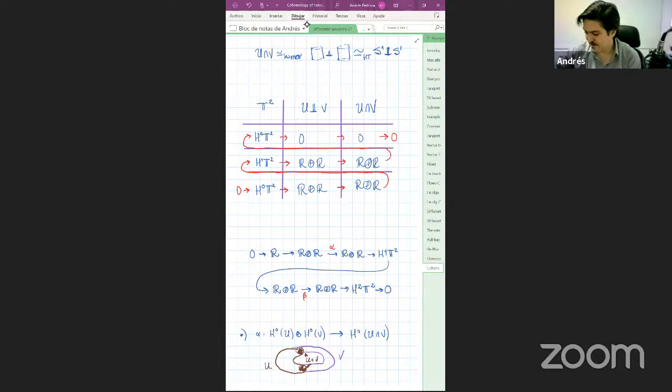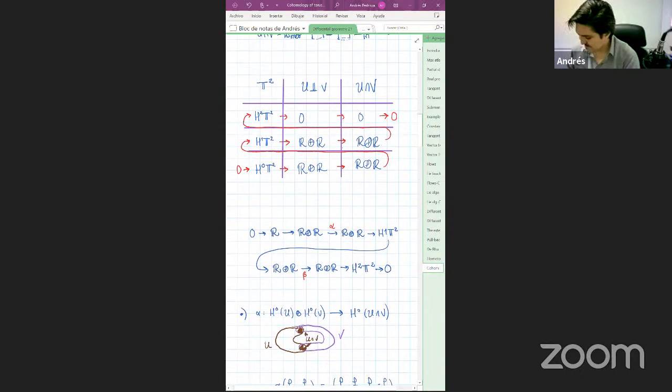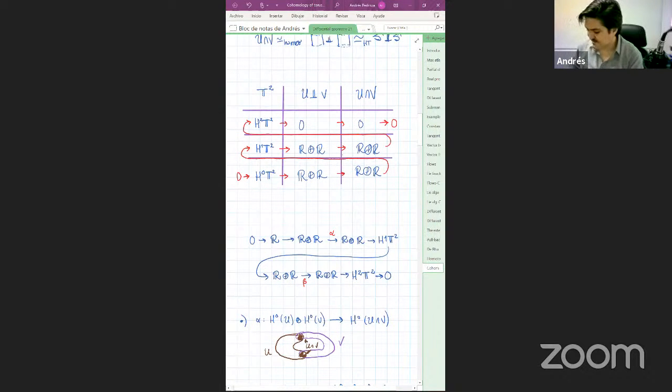Very good. Now, do you remember? So here, again, we need to go a little bit into how the Mayer-Vietoris sequence was defined.